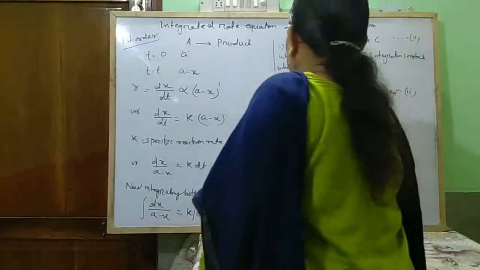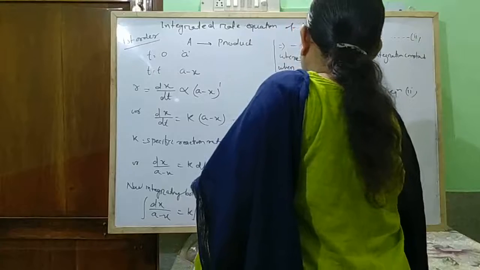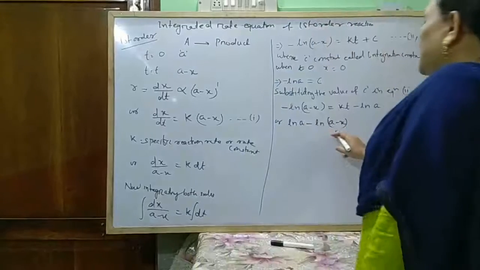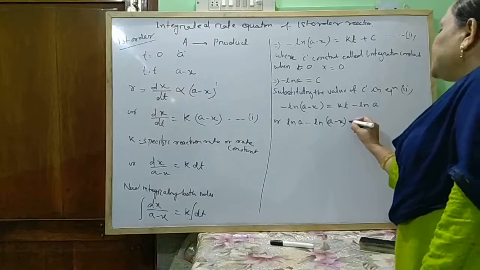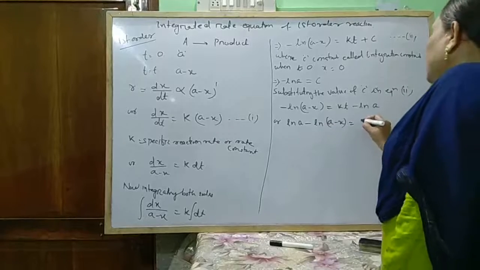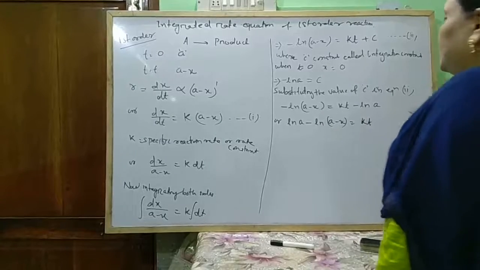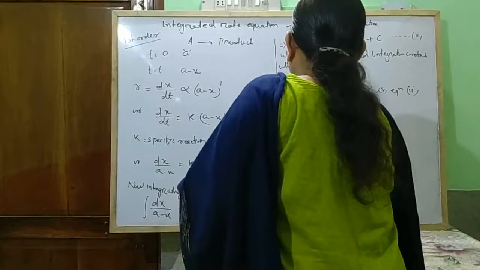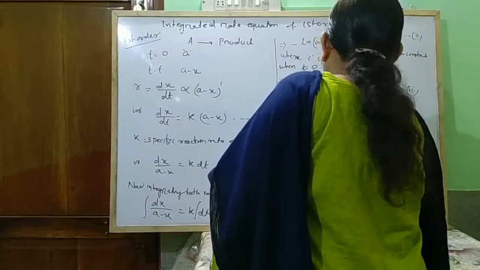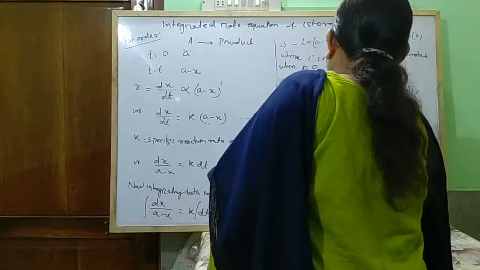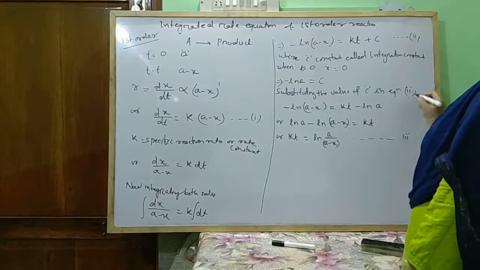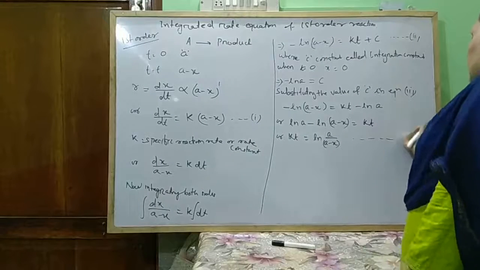Now arranging this, ln a minus ln a minus x equals kt, or kt equals ln a by a minus x. This is equation 3 and this is equation 4.